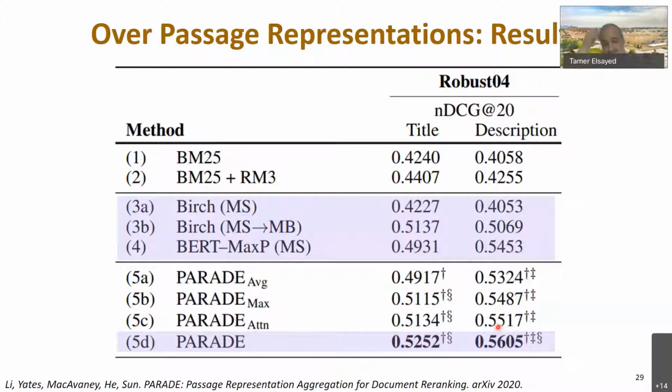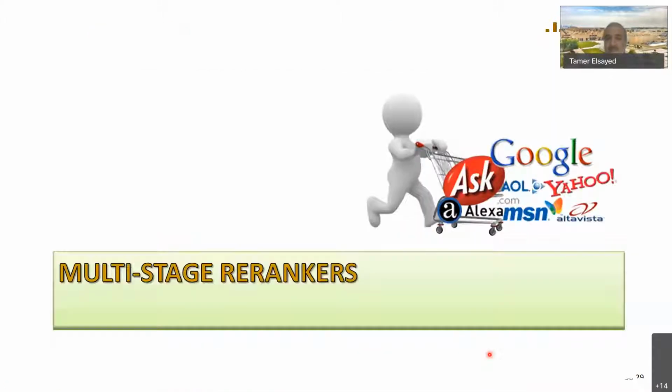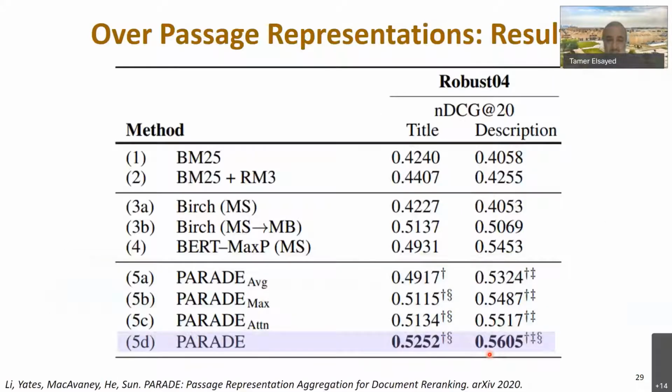That shows that Parade is actually better than Max-P and BERT, at least on that setup. And of course, overall, the transformer, as I said, was the best. Okay. Any question on this?